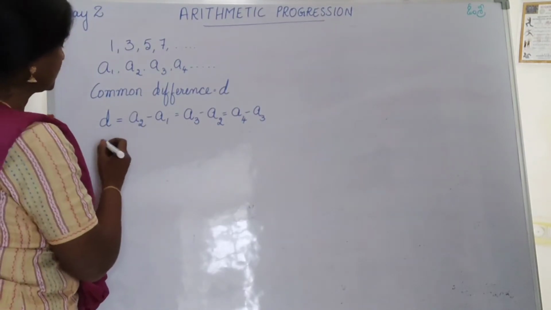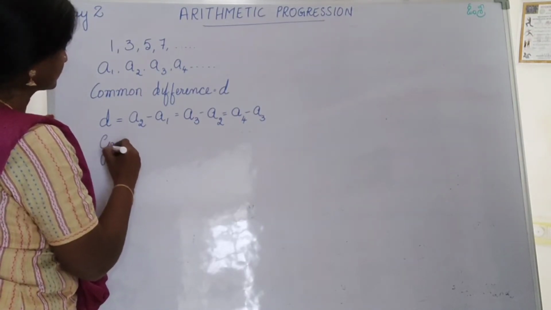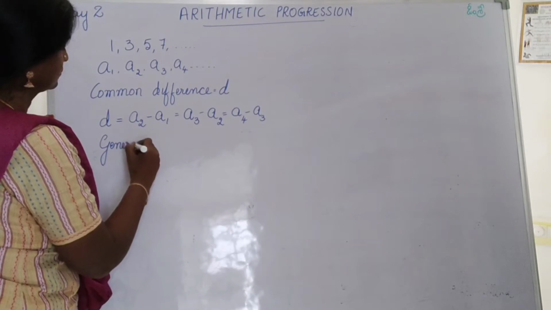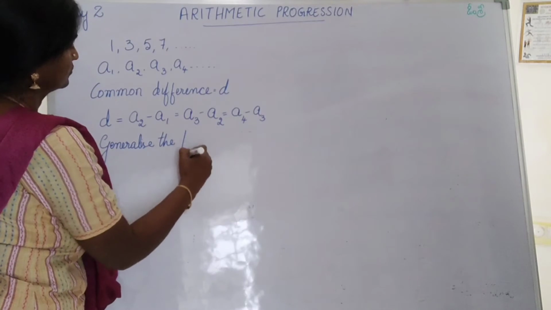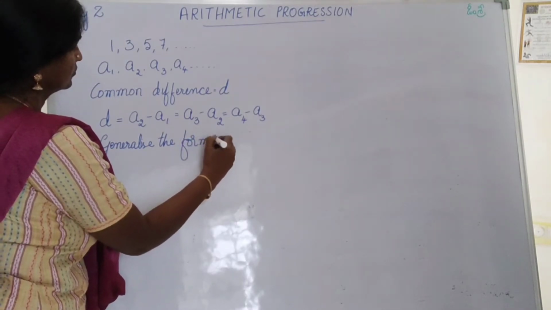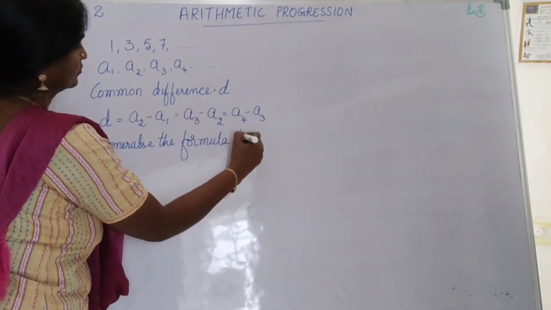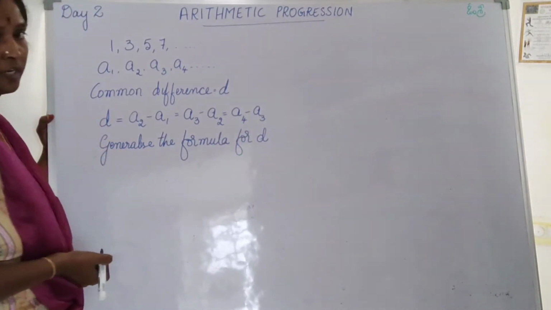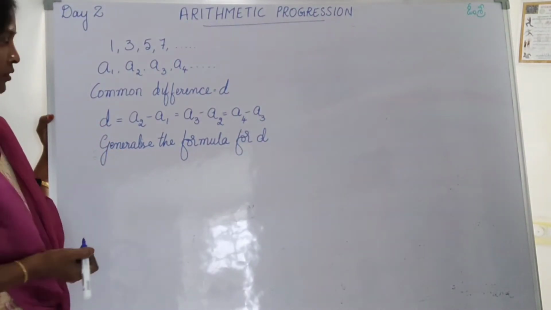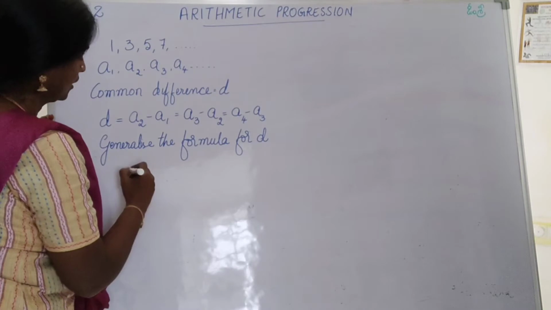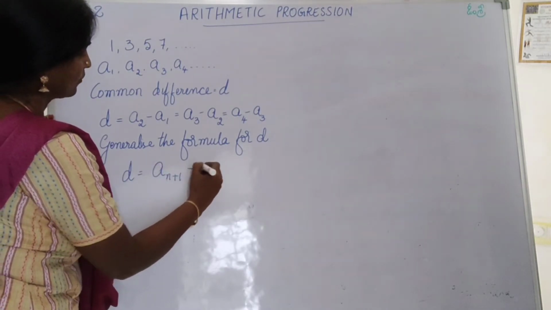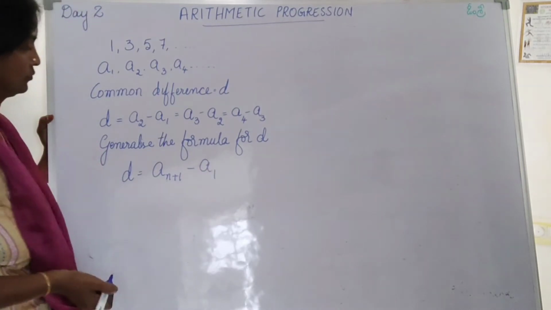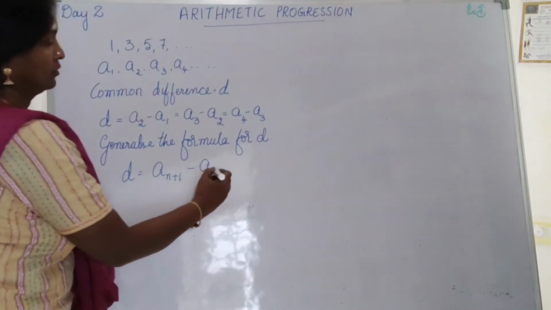So here we can generalize the formula for the common difference of an arithmetic progression as d is equal to a n plus 1 minus a n.